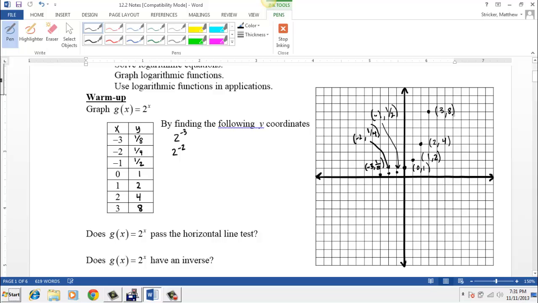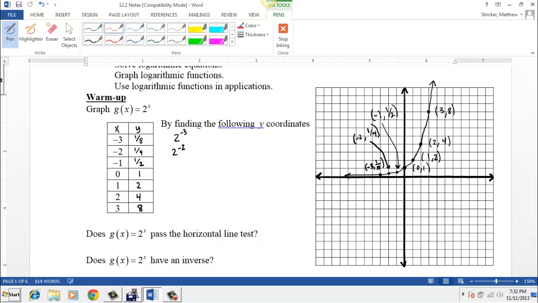And you'll remember that the shape of exponential functions gets really close to the x-axis, never touches it. We have what's called a horizontal asymptote there, and then it quickly increases in value. We say something like this has exponential growth.